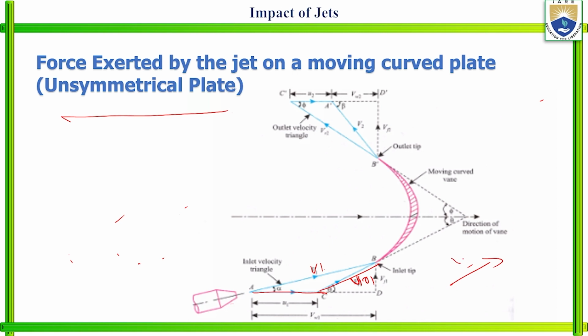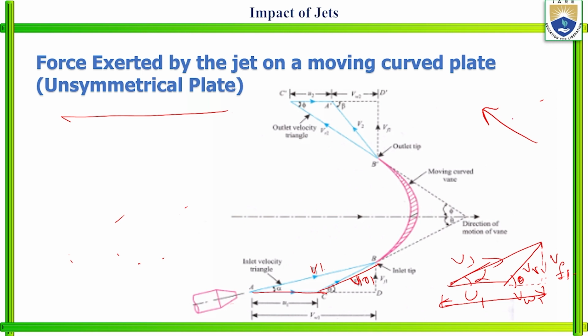This is the velocity of the jet, this is the moving plate velocity U, and the relative velocity between these two is VR1. From here to here, this complete is the x-axis component, and this is the VF1. The angle made here is alpha, and this is theta. The relative velocity angle is theta.